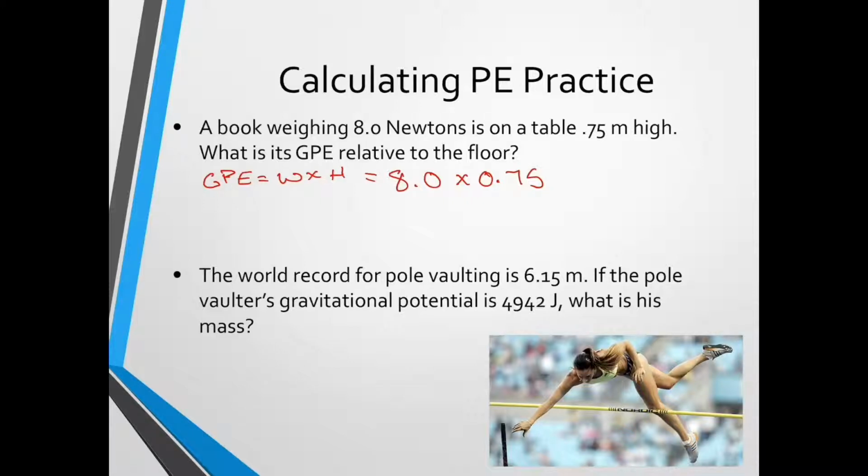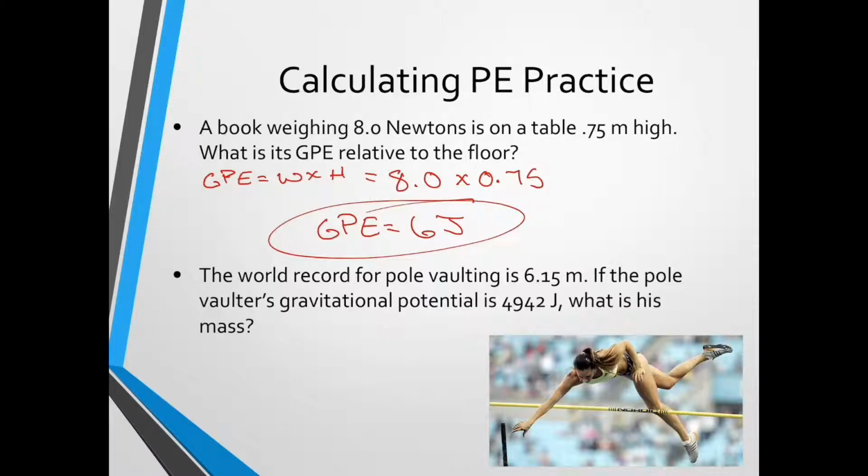If you plug that into the calculator, your GPE should be 6. And remember that any energy that we are calculating is labeled in joules. So you would have a GPE of 6 joules. All right, let's try the next one.